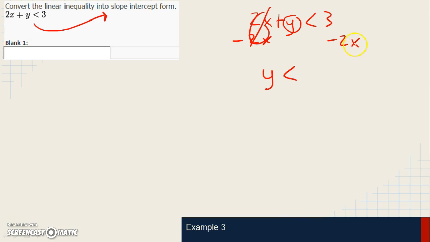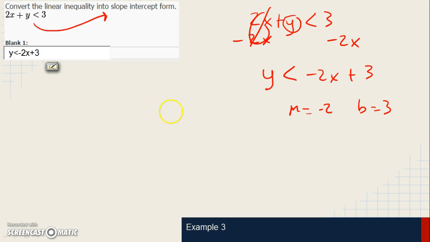And then we can write the variable term in front, because that's where the mx is. So we've got -2x, and then the 3 is the constant, or our y-intercept, so we're going to put that in the back. And then actually, this one was only one step, because we've got y by itself now. So we've solved this. We know that the slope here is -2, and the y-intercept is 3. So let's just punch that in. Y is less than -2x plus 3, and we're good to go.